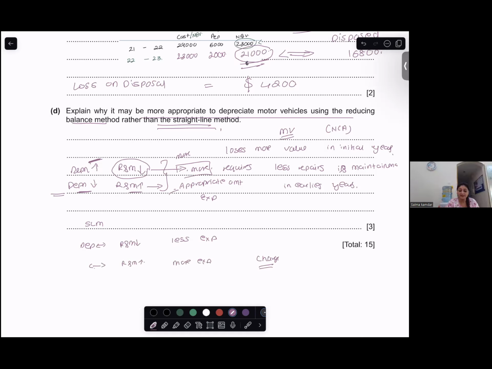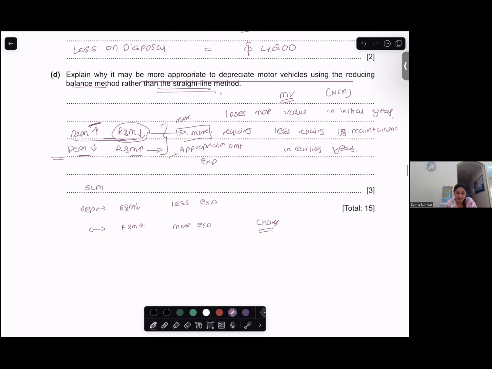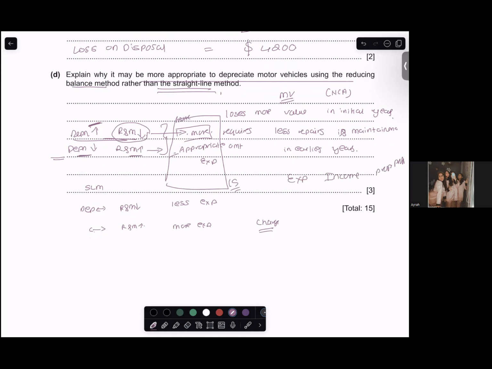In the earlier years you have less expense, and in the later years there will be more expense, which is not appropriate. With the reducing balance method, there will be a proportionate charge on the income statement, so you match your expense with the income and get proportionate profit.